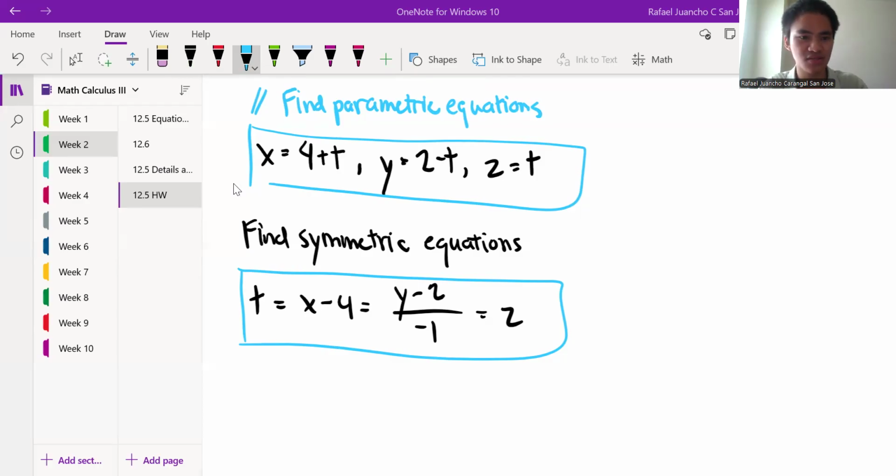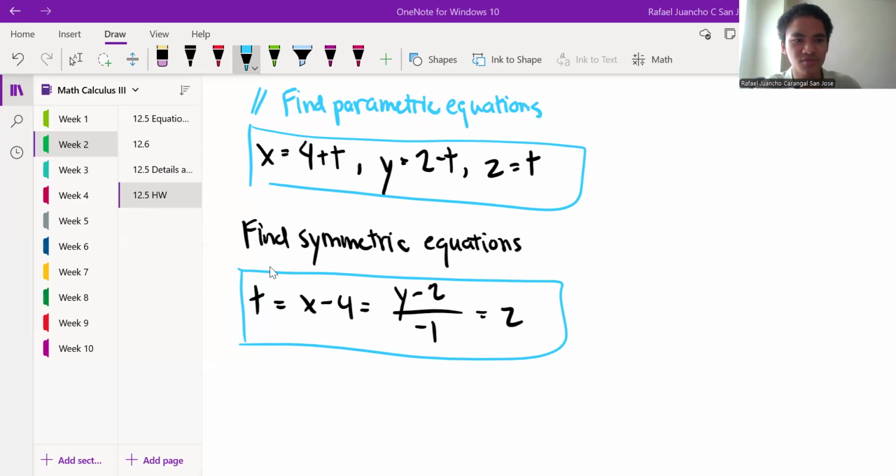Okay, let's hit that submit, see what happens. Okay, we got that. Now for the symmetric equations, we're doing x minus 4, negative y minus 2, that's fine, we can do that. And then z is just z. So this should be it. Hopefully. Nice, we got it.